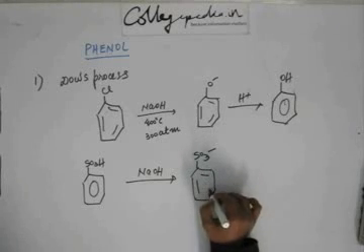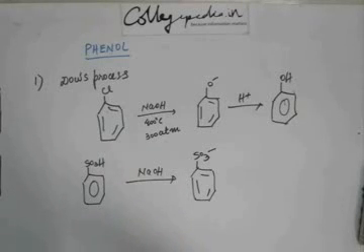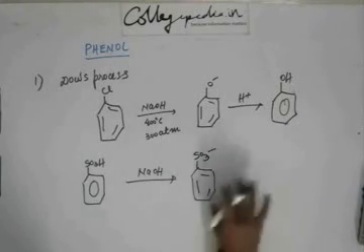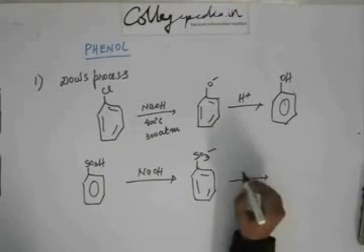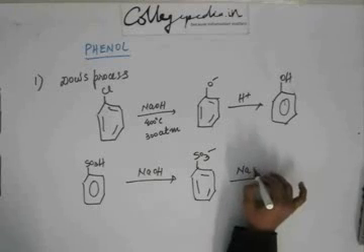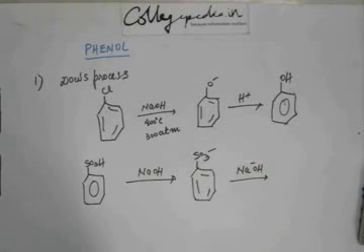So first of all, this benzene sulfonic acid is going to become benzene sulfonate. And then the base will attack, and the same steps will occur as happened in the case of chlorobenzene. The base is going to come and attack the carbon which is attached to sulfur.